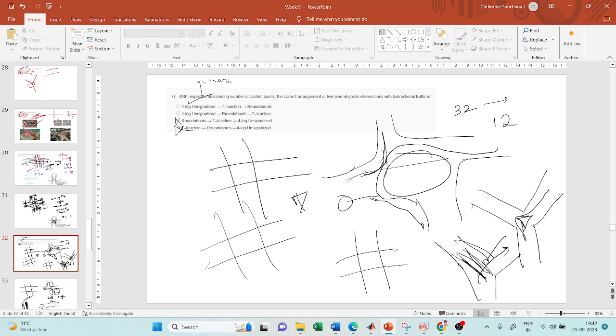After this come the roundabouts, because all these will have four legs, right? A T junction will have only three legs. So compared to these two, a T junction will have a lesser number of conflict points. So the order is four-legged unsignalized intersection, followed by roundabouts, followed by T junction. So option B is the correct answer.